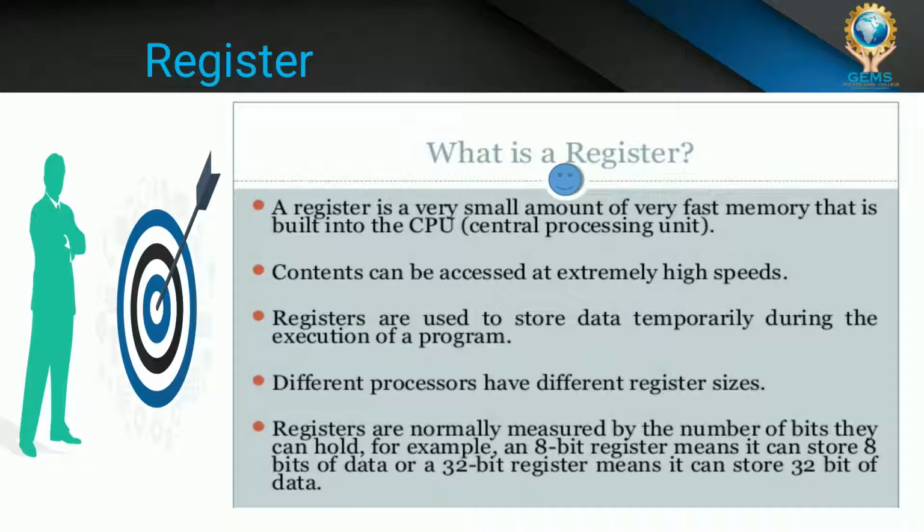That's why they are fast memory places, so contents can be accessed at extremely high speeds. Registers are used to store data temporarily during the execution of a program.